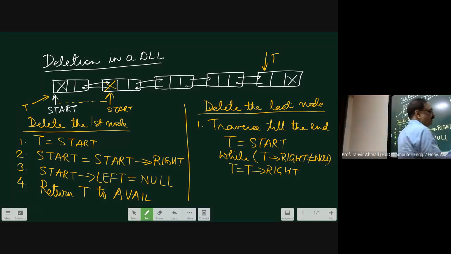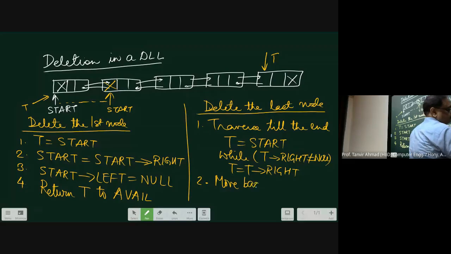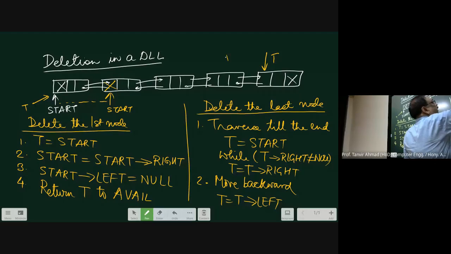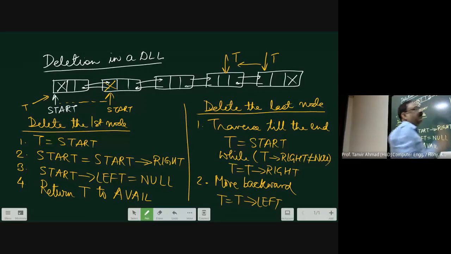I will move backward. I will write T is equal to T of left. Now once you do, T will come here.